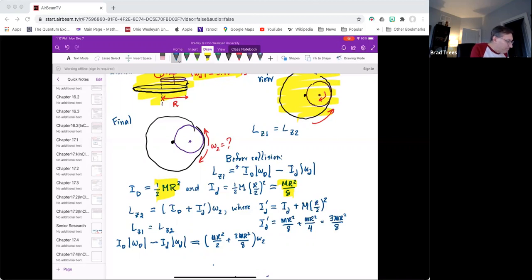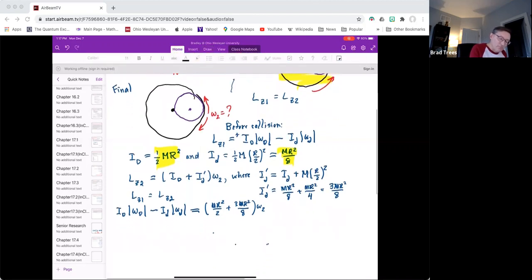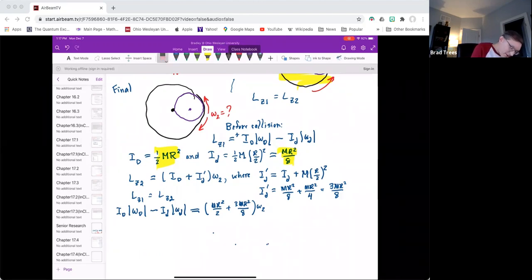All right. Now let's continue here with this. All right, now we know what big I is. We already said mr squared over 2. Little I is mr squared over 8. So actually on the left, I can factor an mr squared over 2.